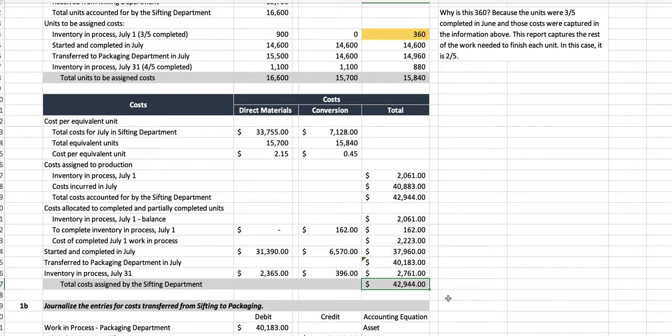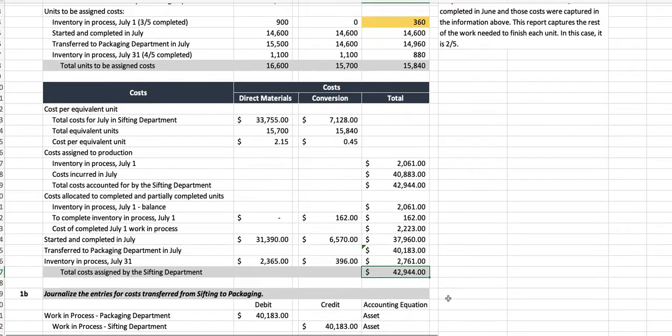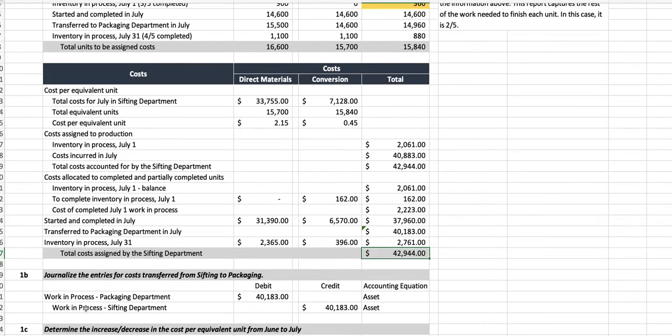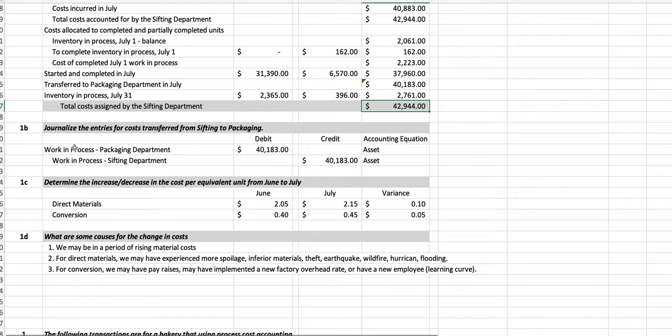All right, so we finished the first piece. Now we need to journalize the entries for the costs that we transferred from the sifting to the packaging department. So we have our work in process for the packaging department, and we also have our work in process for the sifting department. We know that work in process is considered an asset.